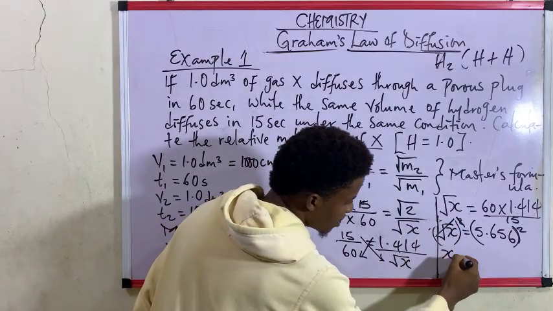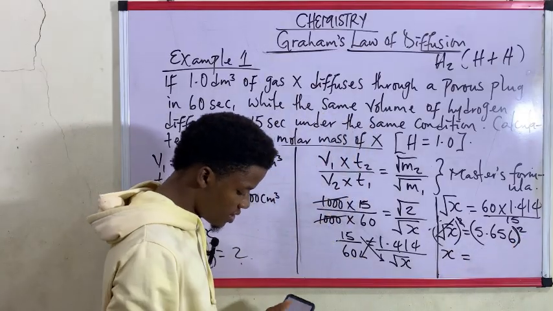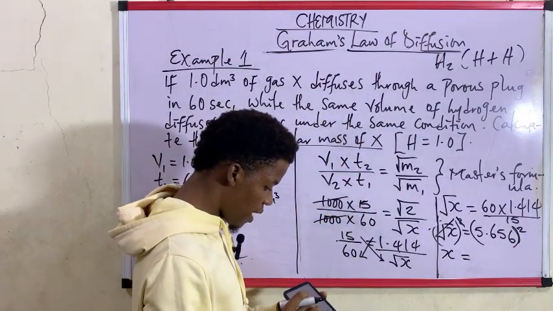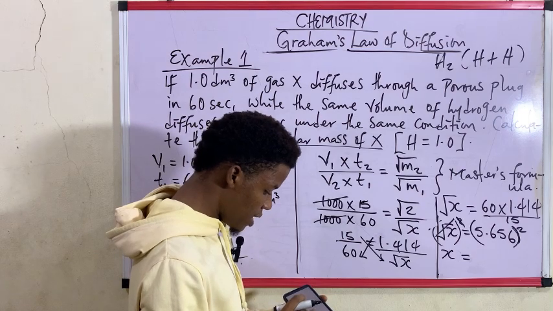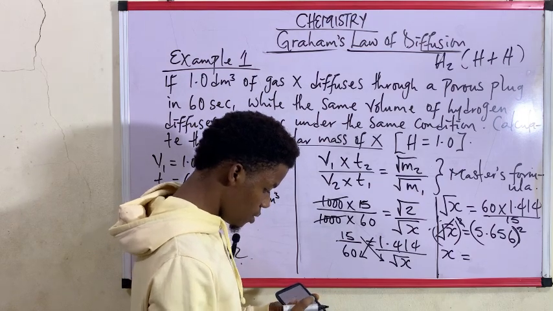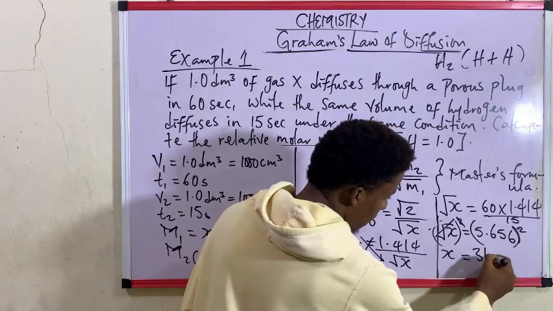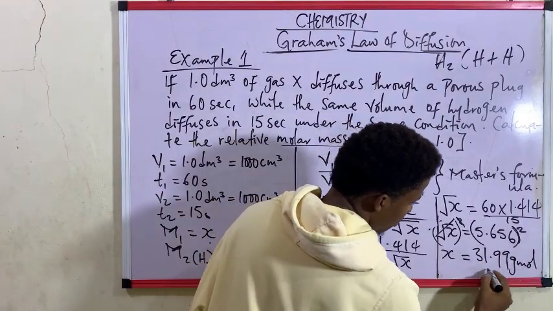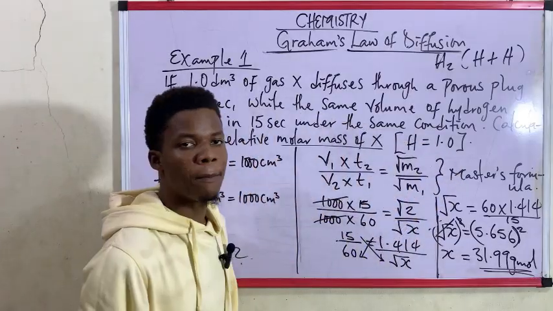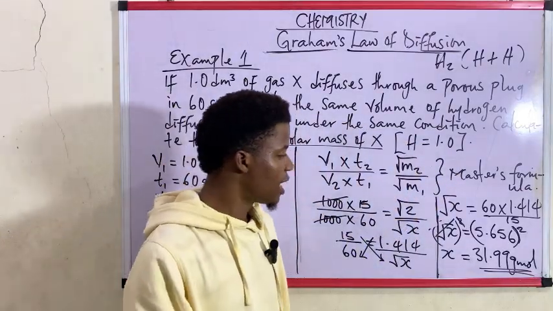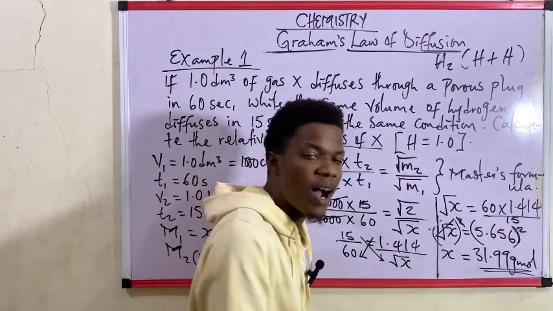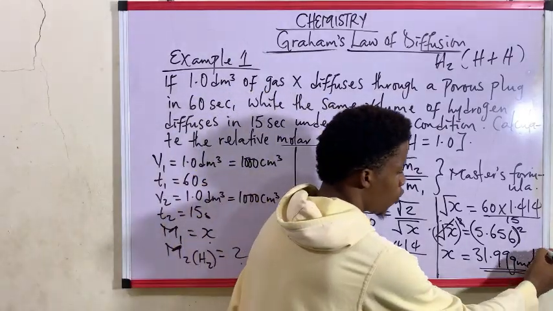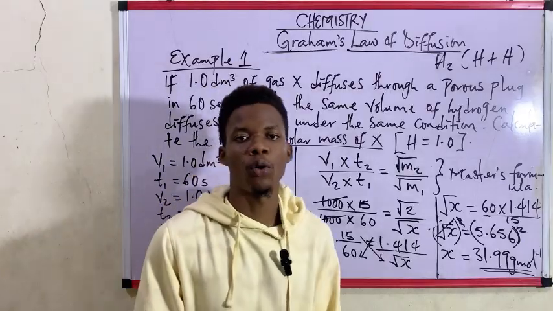So we have only x is equal to, now square this 5.656. When you square that, you are going to have 31.99 gram per mole, which is the molar mass of x. So it therefore means that the molar mass of x is 31.99 gram per mole. Right, that's the SI unit for molar mass.